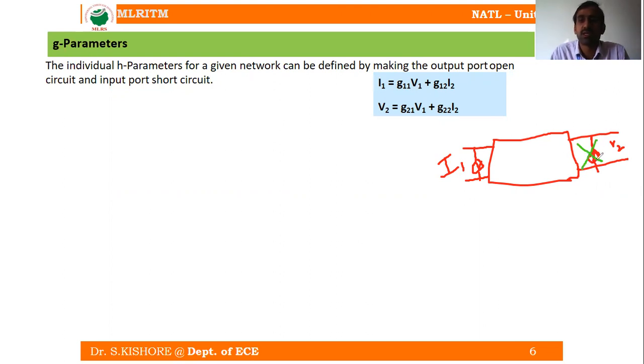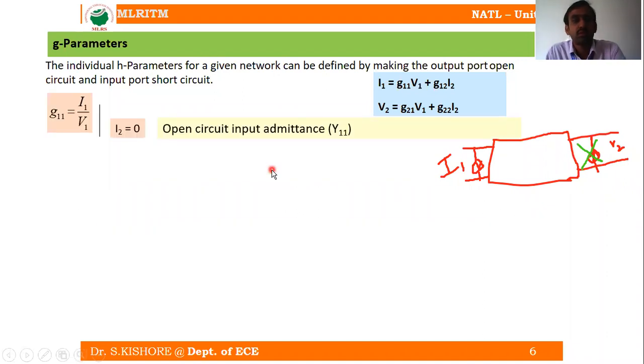So when this is open circuit, I2 is going to be equal to 0. If I2 is equal to 0, then obviously we are going to obtain the values for G11 and G21. For G11, from the first equation, if we make I2 equal to 0, that term is going to be equal to 0.